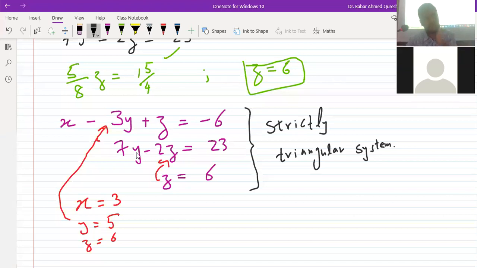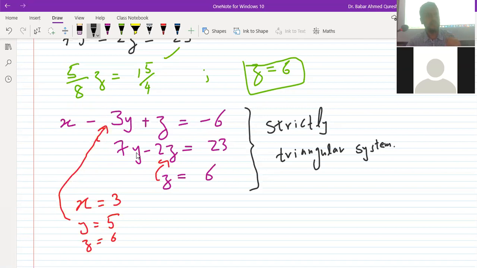If you have 3 variables, you number those variables in some way. Like x is your first variable here, y is second, and z is your third. In the first equation, the coefficient of x is not 0. In the second equation, the coefficient of x must be 0, but that of y must not be 0.